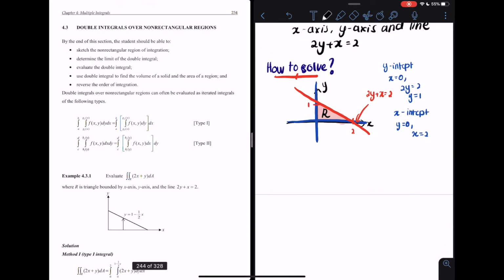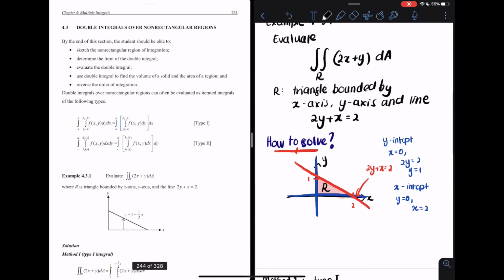You can solve the problem either by using type 1 or by using type 2. Let me show you one by one. We go to method 1, where we will be using the type 1 integral.